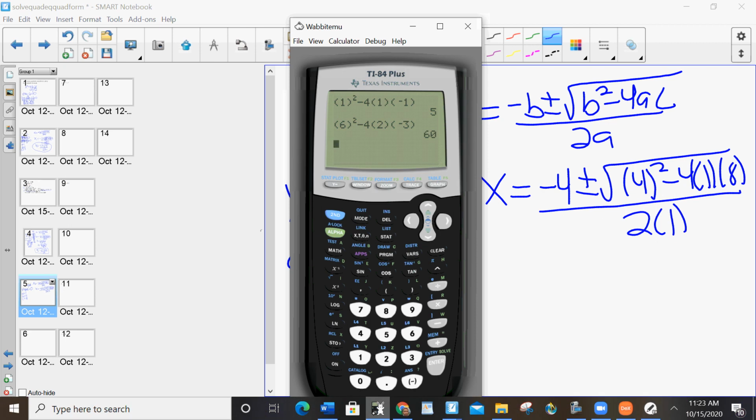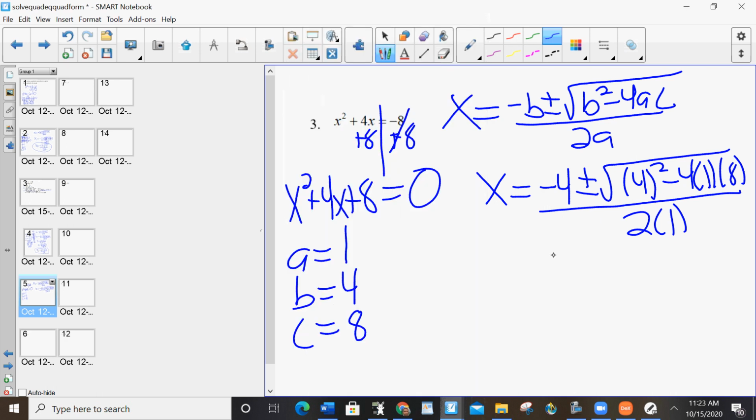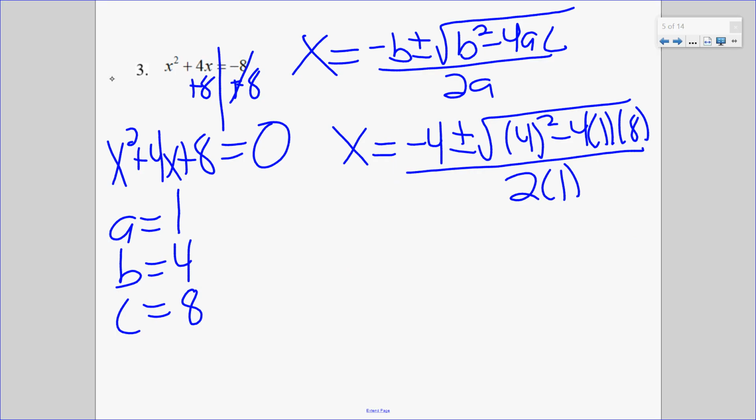Type in what's inside the radical into your calculator. 4 squared minus 4 times 1 times 8 is negative 16. So now I'm going to rewrite that as radical negative 16, and my bottom, 2 times 1, is 2.